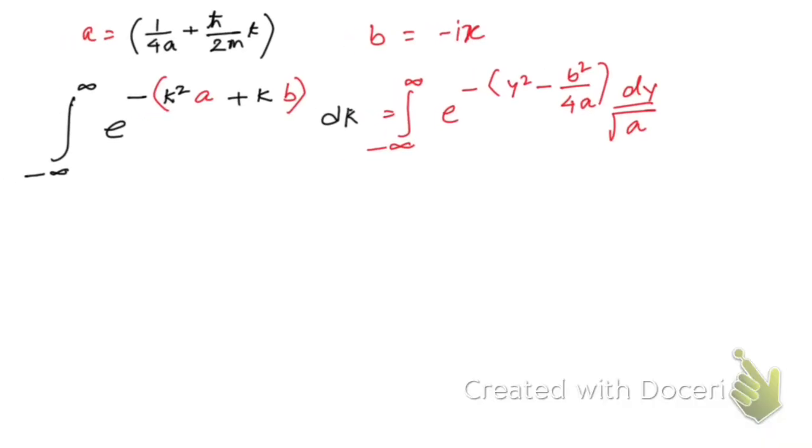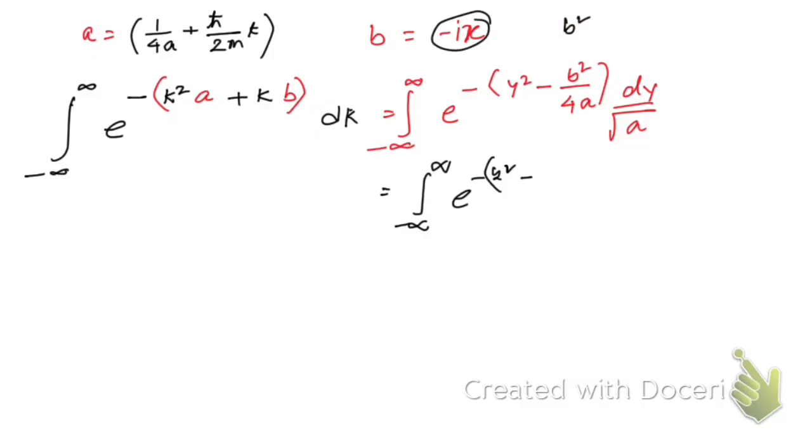So here you see. Now let us replace this value of a and b. If we replace those values of a and b, then what are we going to have? Minus infinity to plus infinity e to the power minus y square minus b square means this.